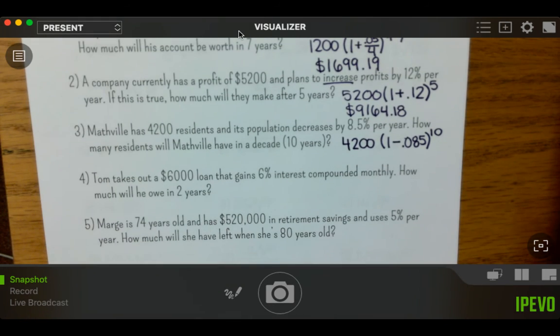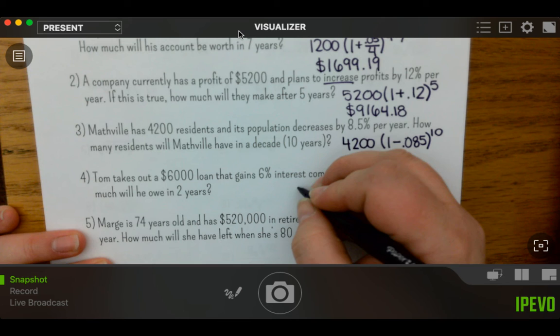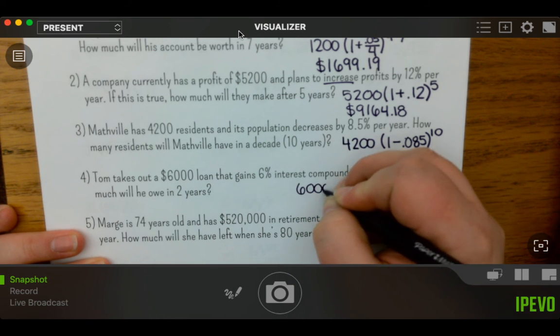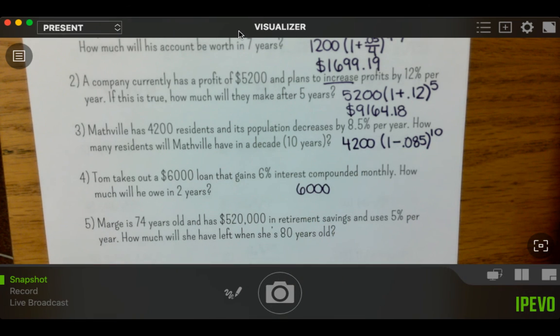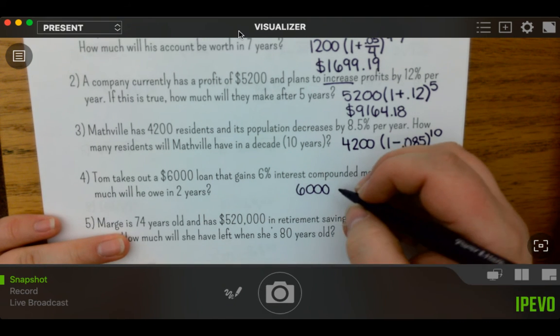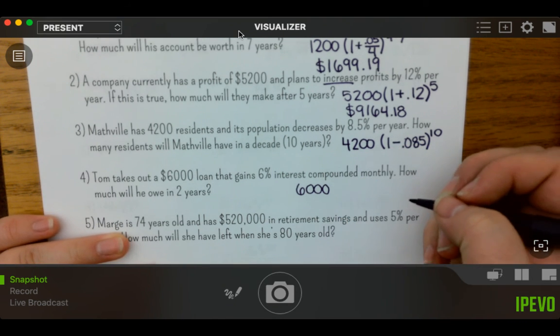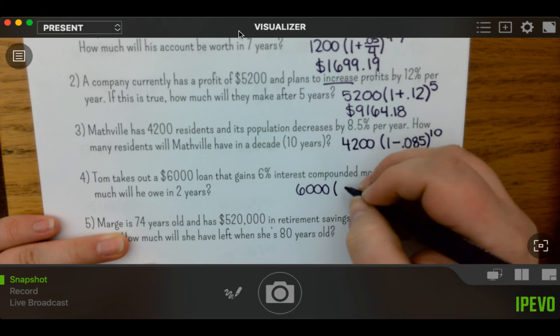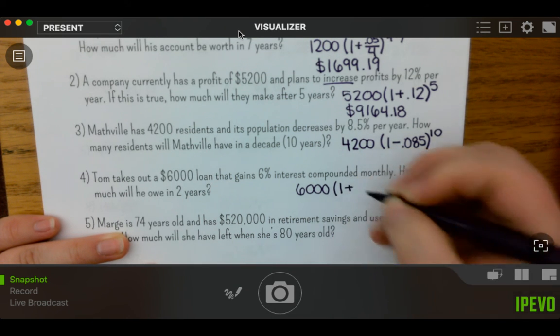Okay, Tom takes out a $6,000 loan. So he starts with $6,000. And it's gaining, increasing, or growth, 6% interest compounded monthly. Since it's gaining, you have to do 1 plus.